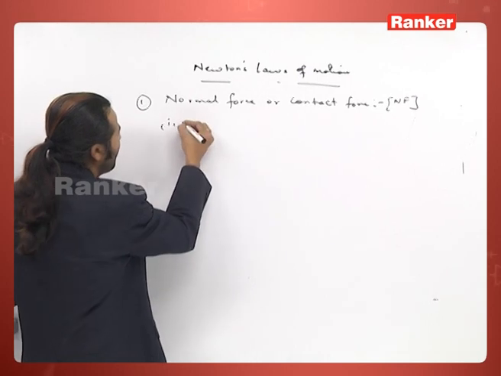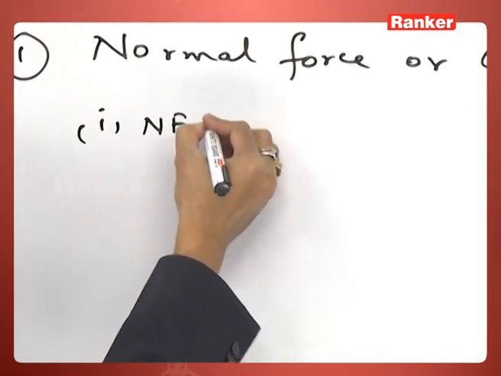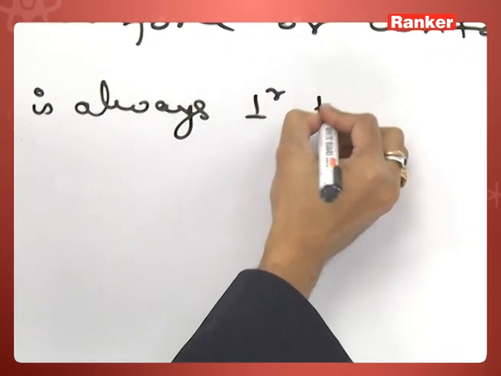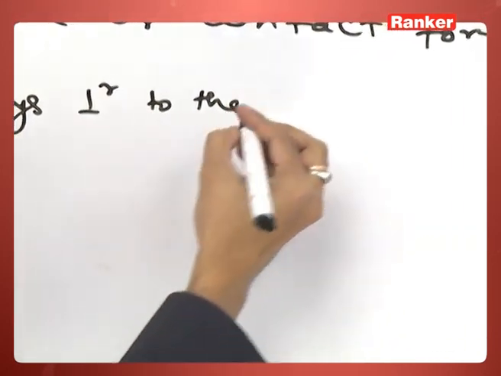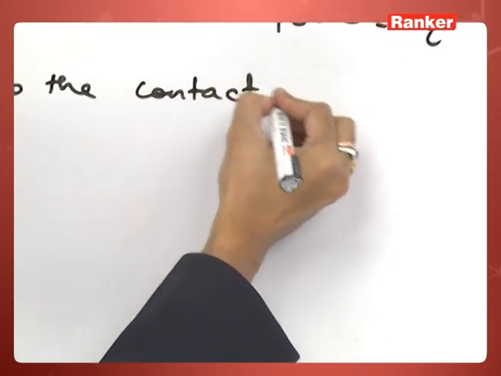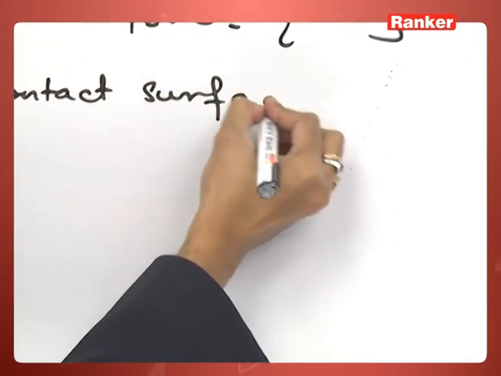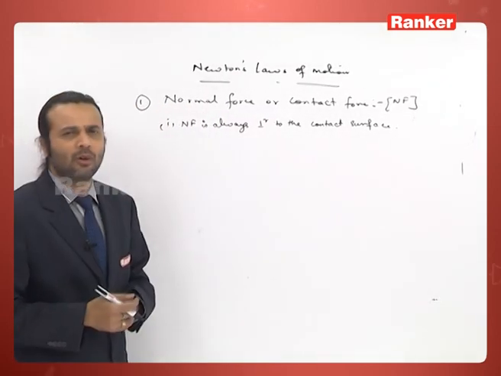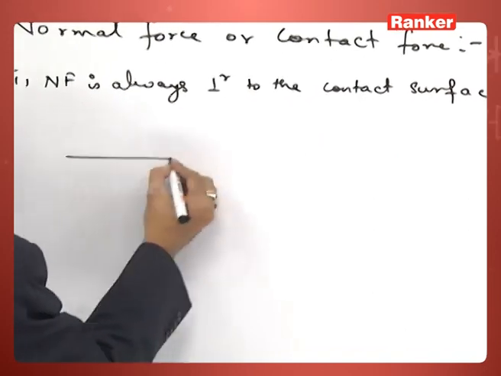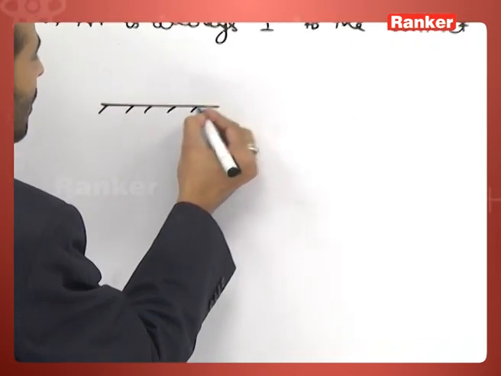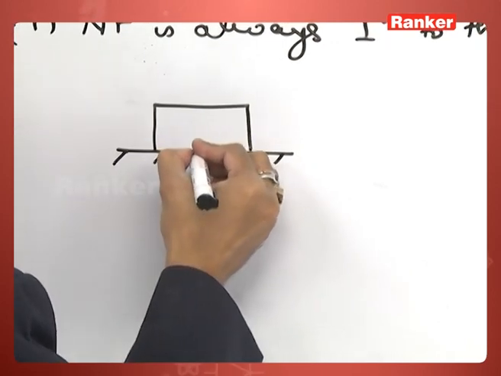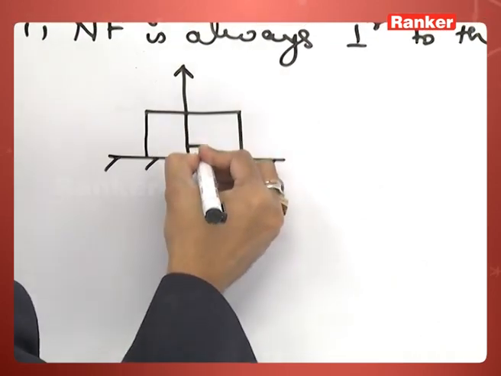So here, number one, I will write NF is always perpendicular to the contact surface. Example, suppose this is a ground, a body is in contact, the normal force will always be perpendicular to the contact surface.